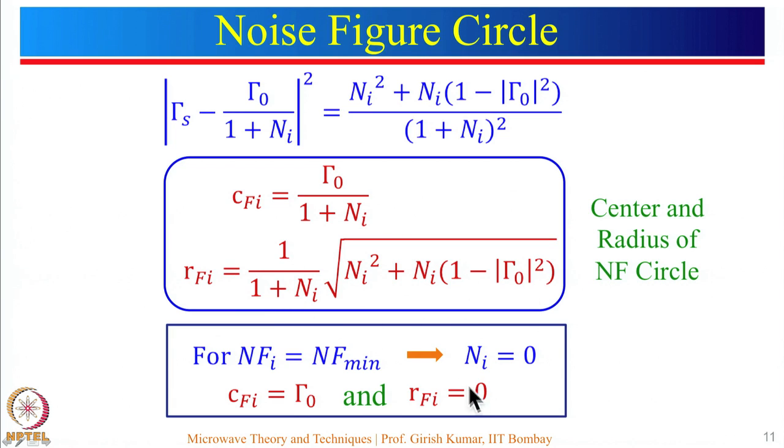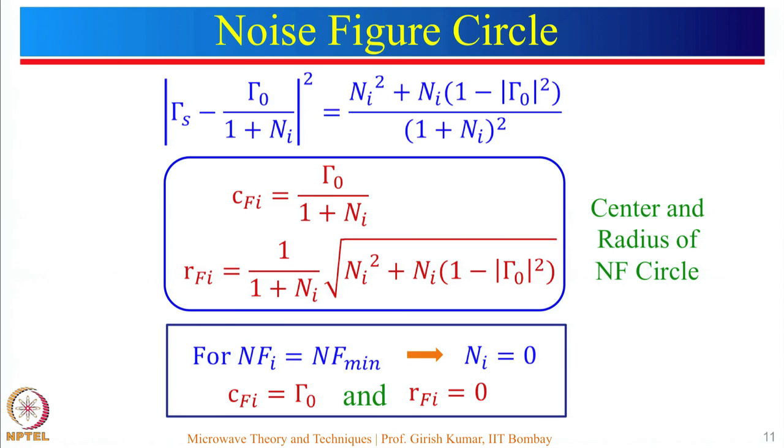So, overall this will become 0. So, as I mentioned, for absolute minimum noise figure, when NFi is equal to NF min, then we have to choose gamma s equal to gamma 0. So, that corresponds to a single point. However, as I mentioned earlier, this may not give rise to the optimum gain.